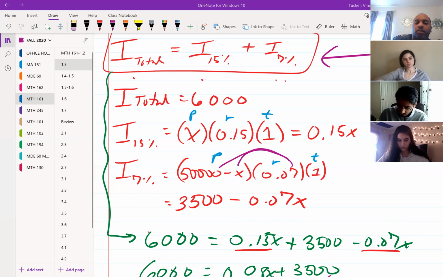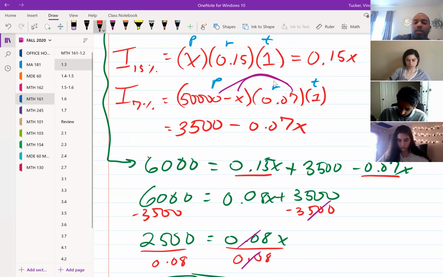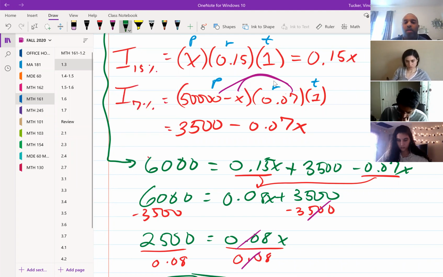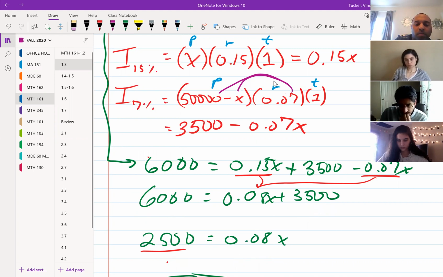All right, combine like terms, and that'll give us that 0.08x. And I'll erase it just to make sure we're clear. Then we'll walk through it.